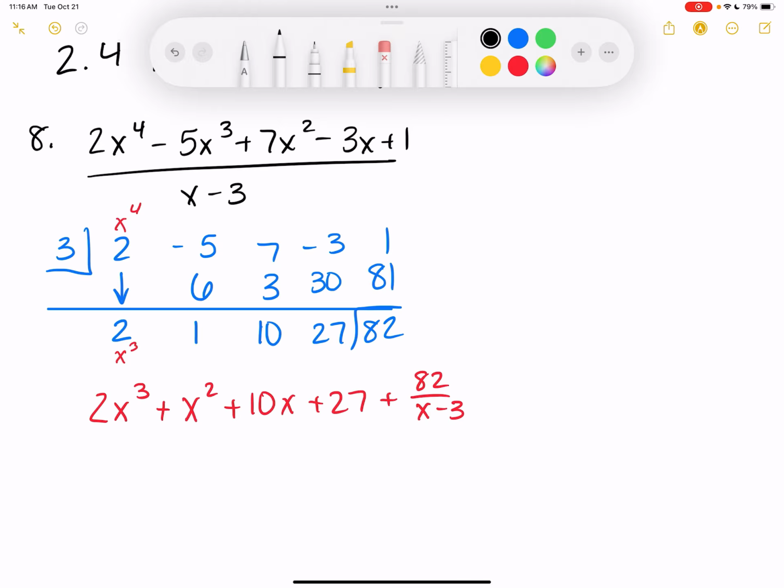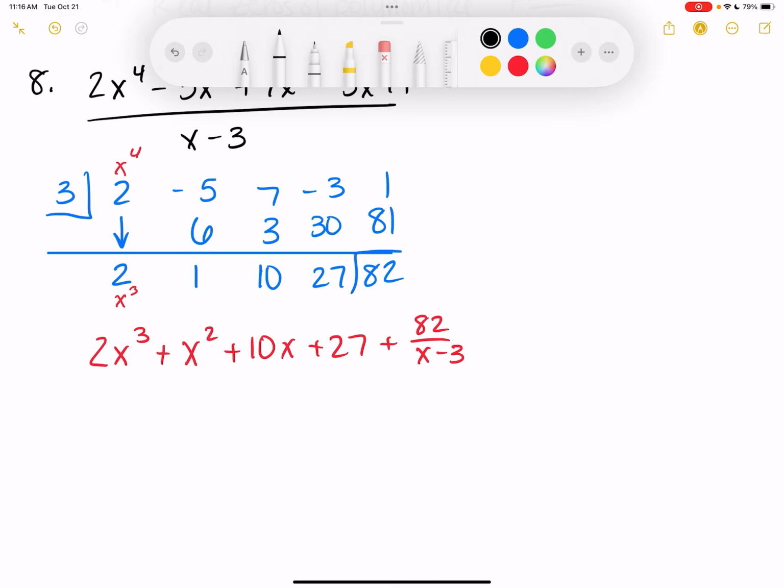And remember, synthetic only works when the bottom is just an x by itself and then minus or plus a number. It doesn't work any other way. If it's anything bigger than that, we have to use long division.